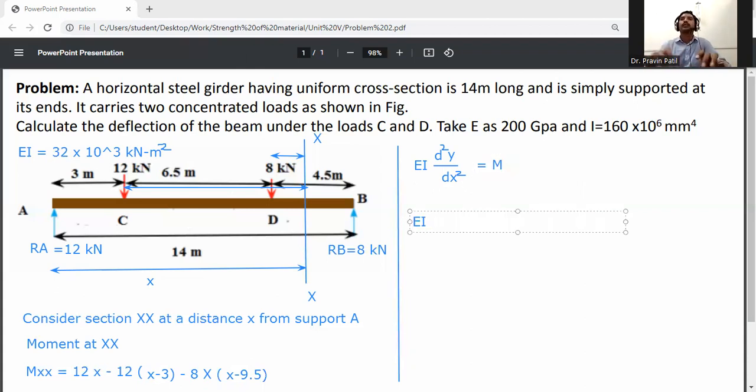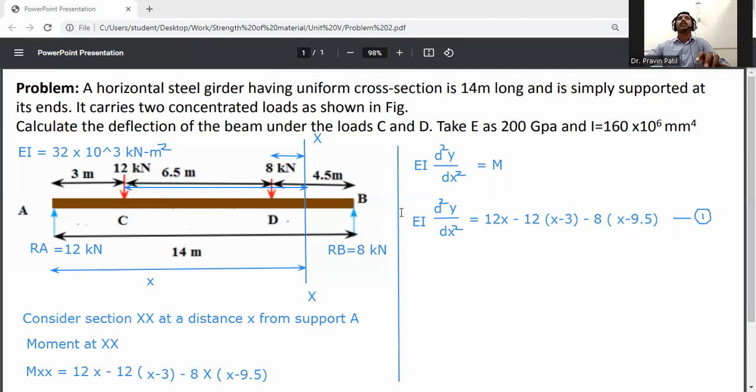So EI d2y by dx square is equal to 12 into x minus 12 into bracket x minus 3, then minus 8 in bracket x minus 9.5. This is equation number 1.